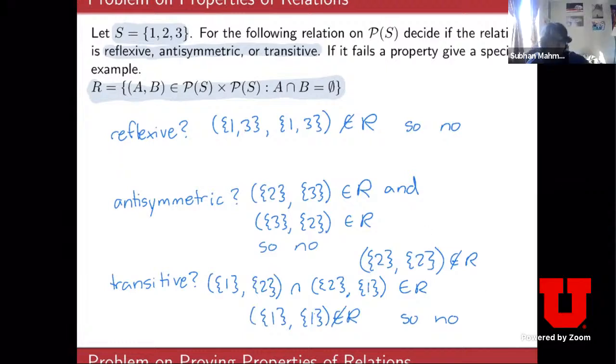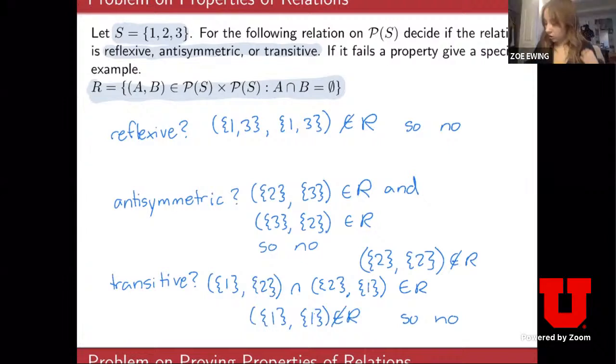I'm still confused why (1, 3), (1, 3) is not in the relation. Is it because of the A intersect B? Can you explain that? Yeah, so this is saying that A and B are in the relation only if their intersection is equal to the empty set.